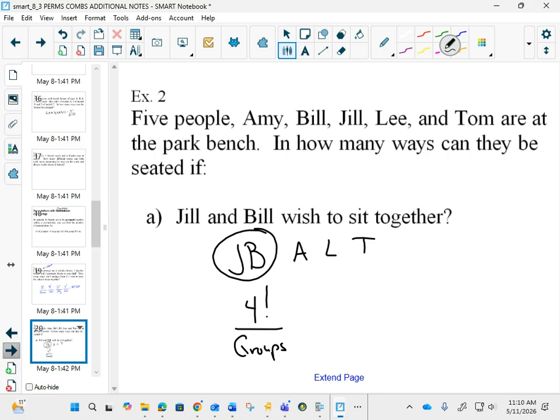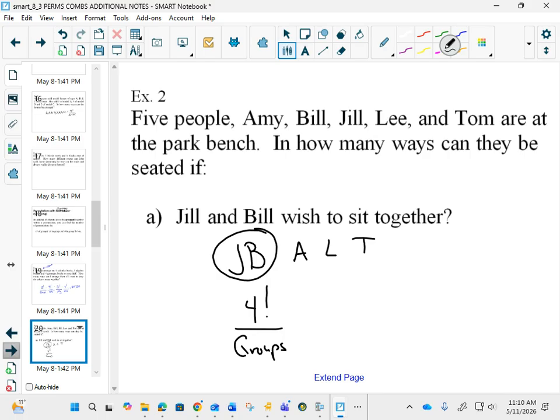Oh, there goes the Jill Bill, because they're one person now. You never see them apart. They're like glued together. So when you're thinking about the groups, sometimes people think of this as now there's just 4 people on the bench: the Jill Bill, Amy, Lee, and Tom. 4 factorial ways you could arrange them.